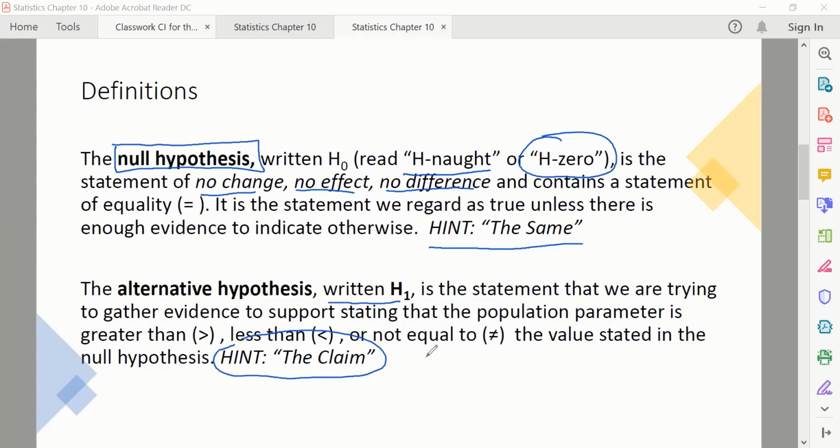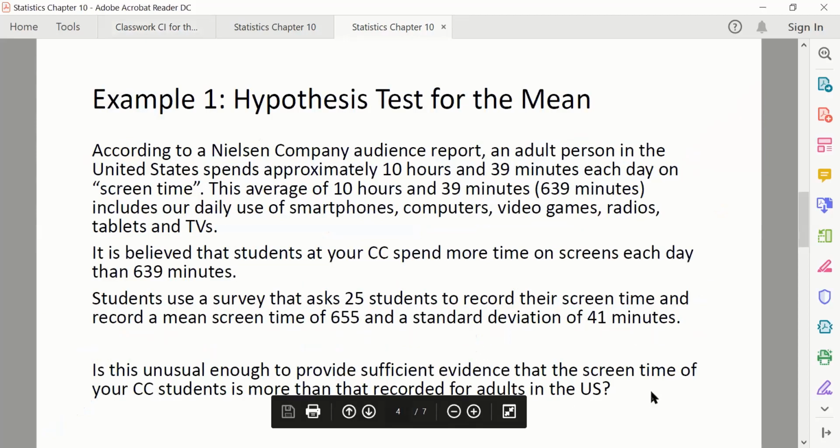The null hypothesis is no change. We write it with an equal sign. The alternative hypothesis is the one that's written with a greater than, a less than, or not equal to. And it's where we're saying, no, we think things are different, and now we're going to gather evidence to prove it.